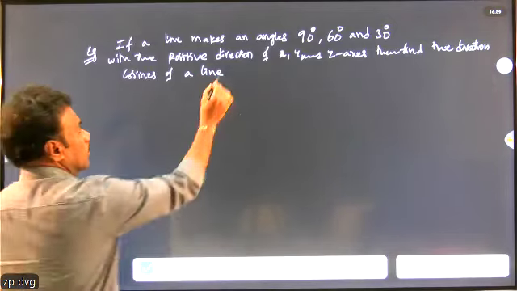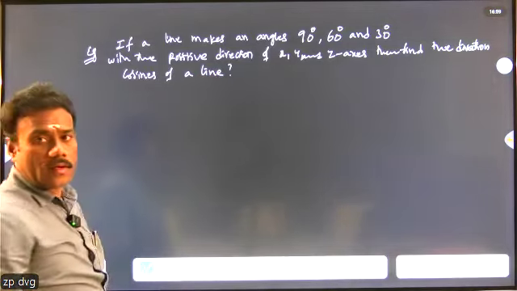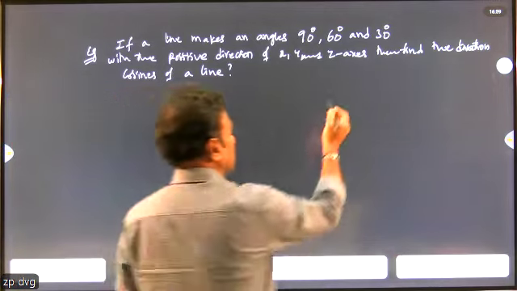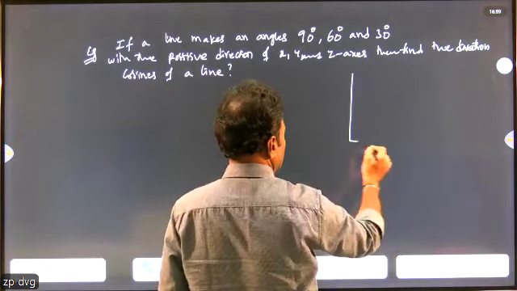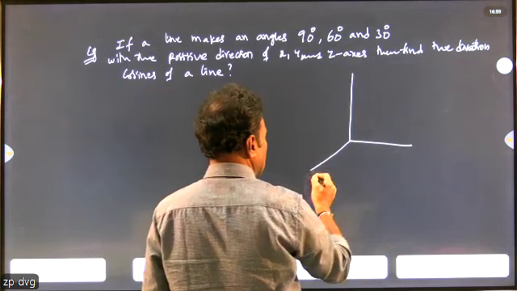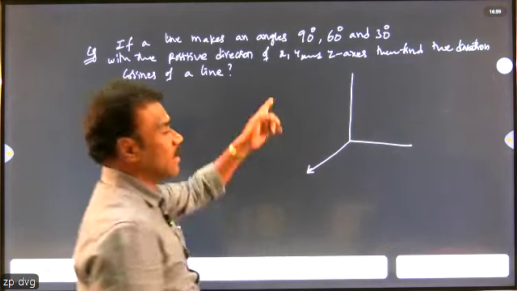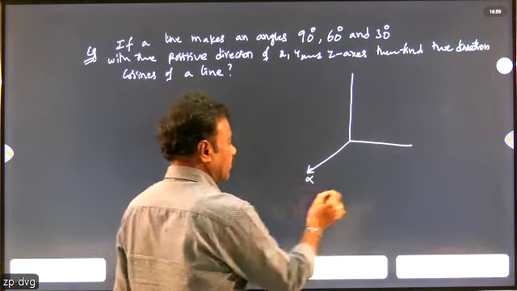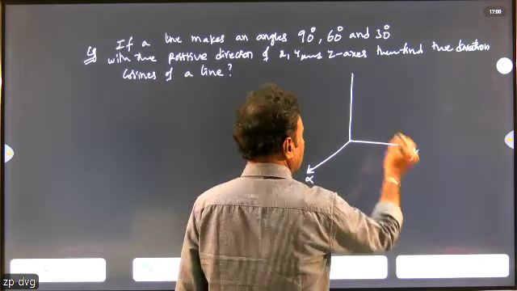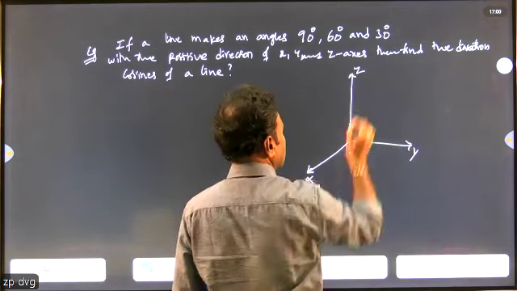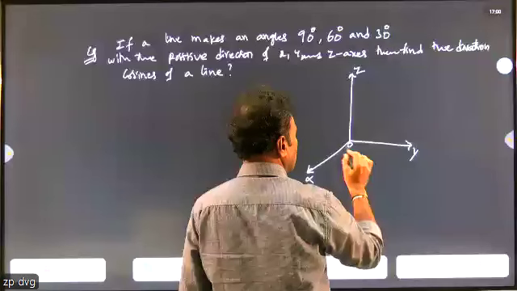See, already we have discussed what is given here. If a line makes angles of 90 degrees with the x-axis, suppose this is the x-axis, this is the y-axis and this is the z-axis, and this is the origin.